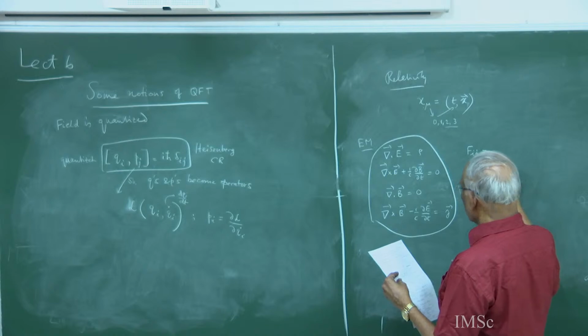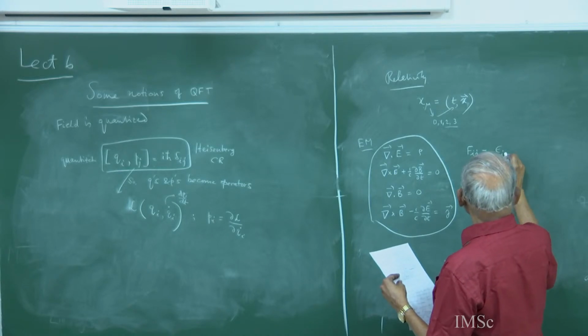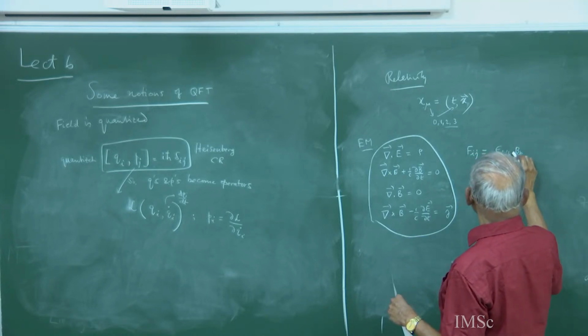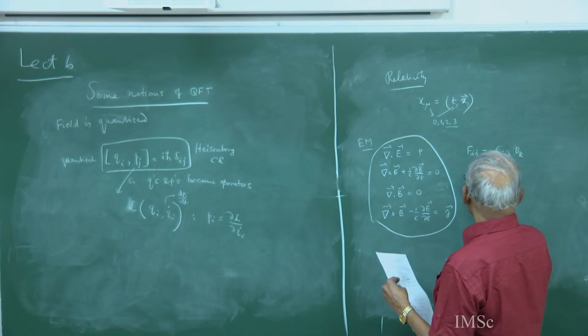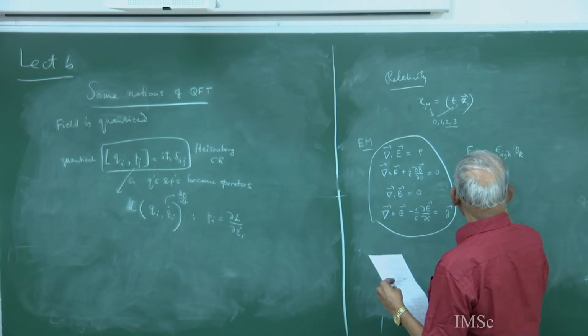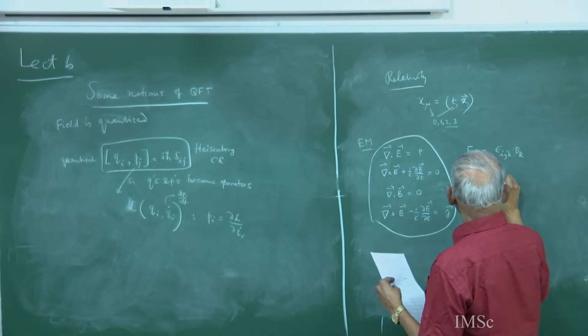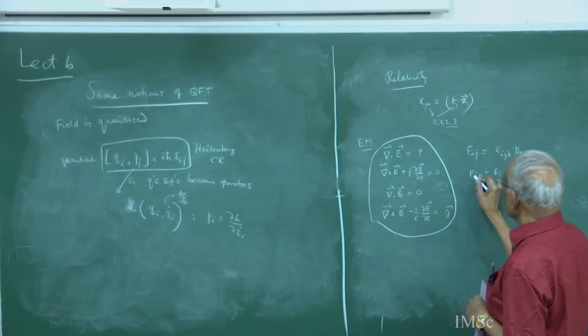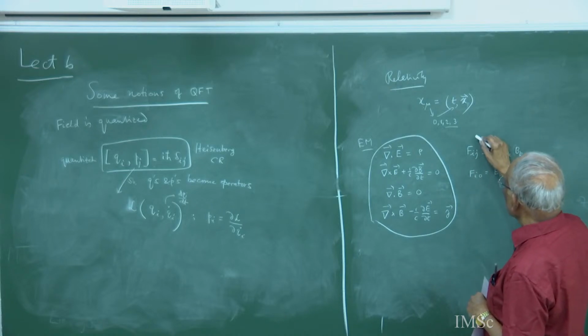F_ij equals, again the epsilon_ijk, which we already know, times B_k. This is antisymmetric, so there are only 3 independent quantities, which are the B's, and F_i0 is nothing but the electric field. This is complete identification, because F_0i is minus of this, because remember these are all antisymmetric.